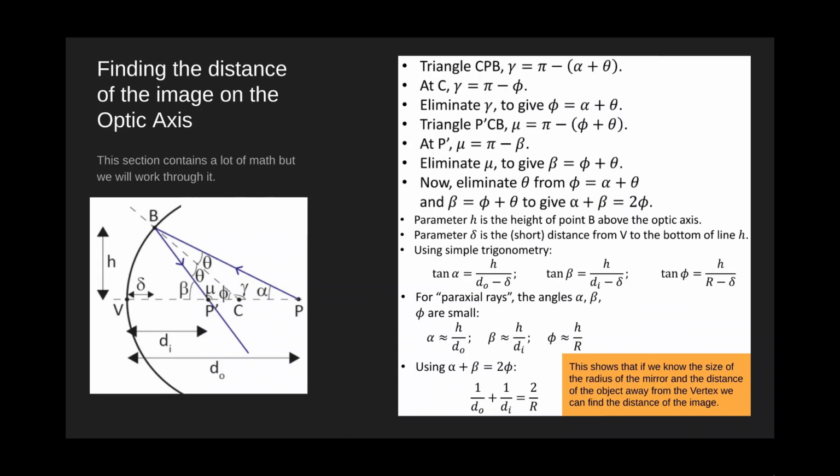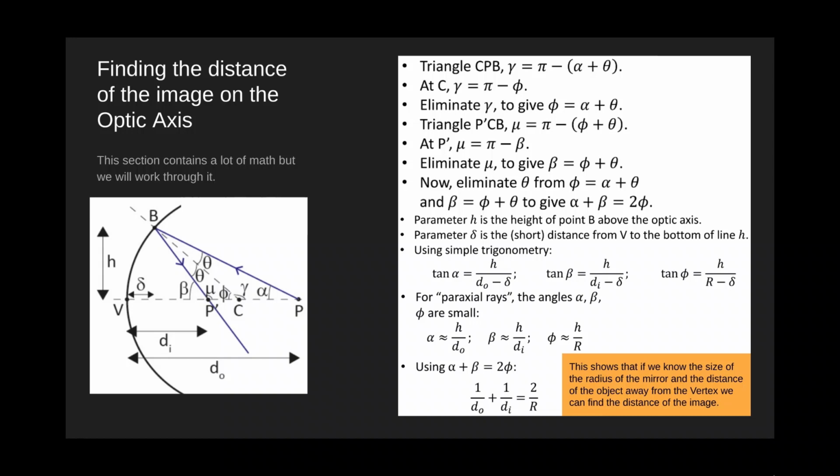Now, let's say we want to find the distance of the image on the optic axis. There's a lot of math on this page. Pause it and have a look through, and it's quite easy to follow. We can see that if we have these certain values, di, d0, small sigma, and h, and we use all our angles, we can eliminate through and use some simple trigonometry, which then cancels out due to the small angles, to find that if we know the object distance from the vertex and we know the radius of the sphere, we can then find the distance that the image will be away from the vertex.